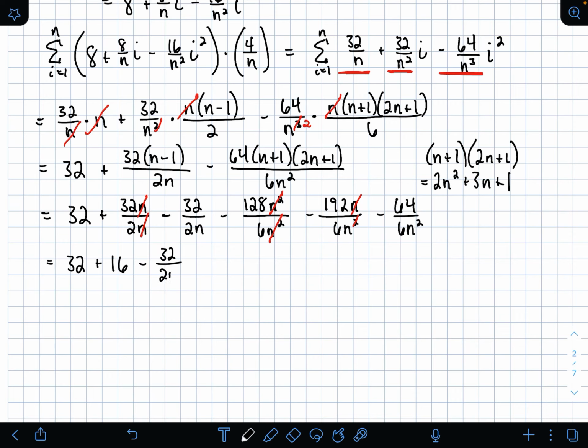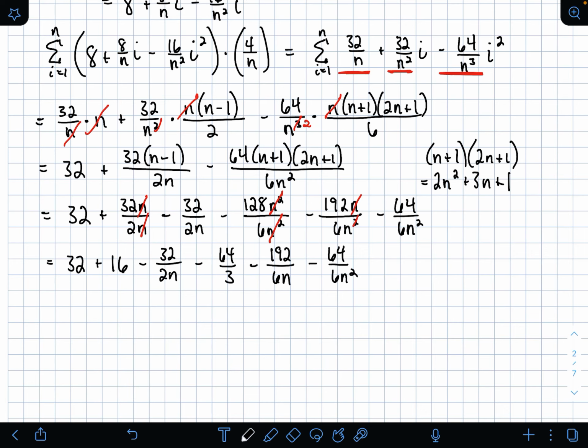Now, I wouldn't, again, waste my time with simplifying the fractions that have a constant in the top and a power of n in the bottom. From experience, we should know that those fractions, when we take the limit as n approaches infinity, will approach 0. 128 over 6 can be simplified to 64 over 3. That's about as good as that gets. Again, I wouldn't bother simplifying this because the limit will take care of it for us, and the same thing here.